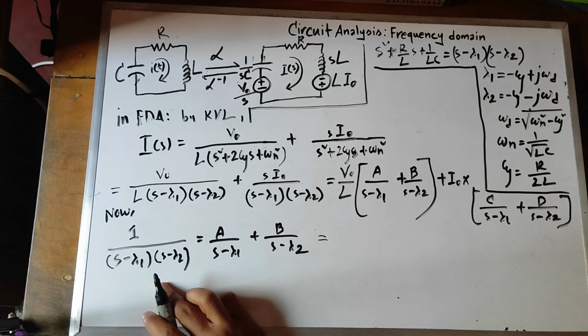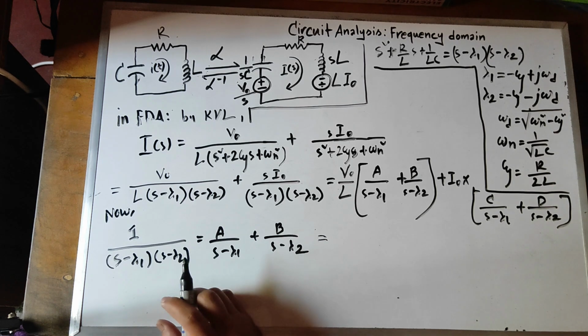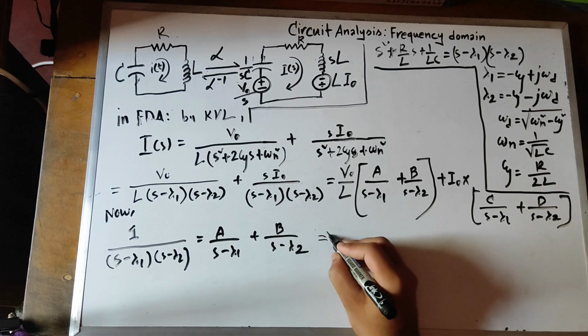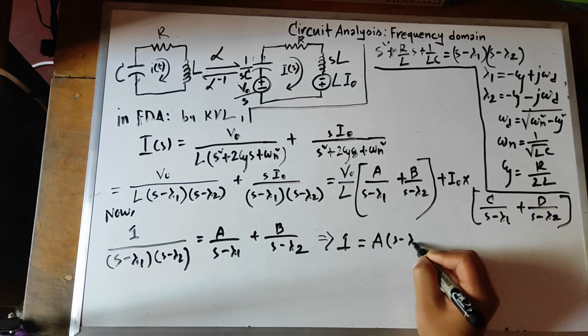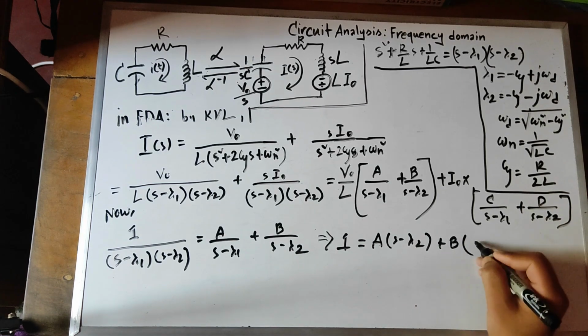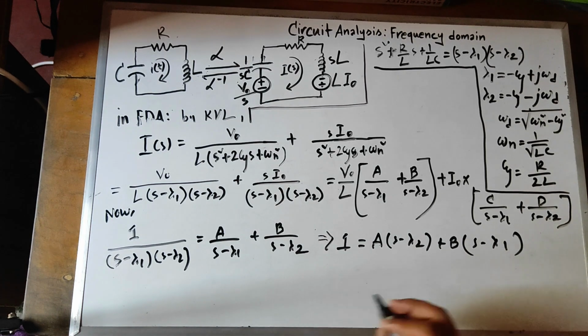If we multiply s minus lambda 1 times s minus lambda 2 on both sides, it will give us 1 equals A into s minus lambda 2 plus B into s minus lambda 1.